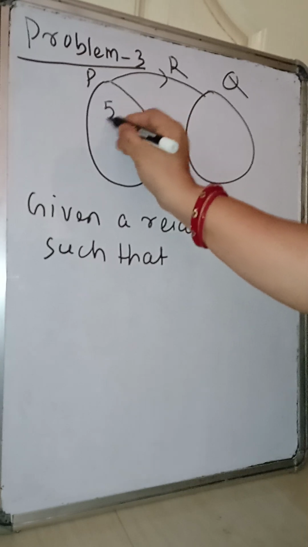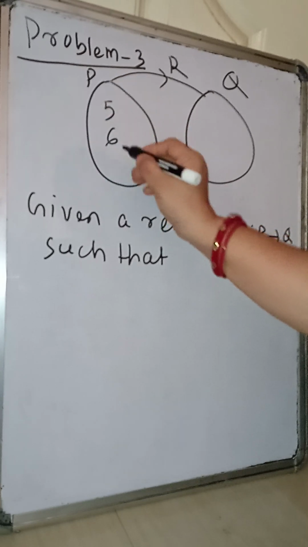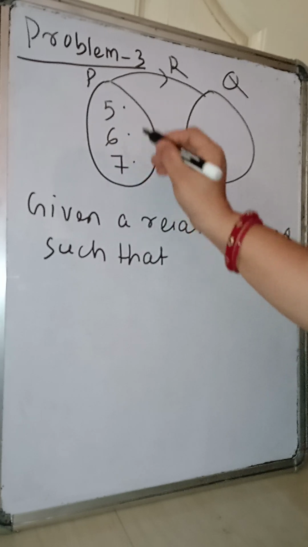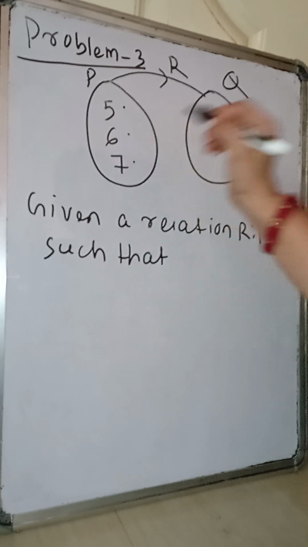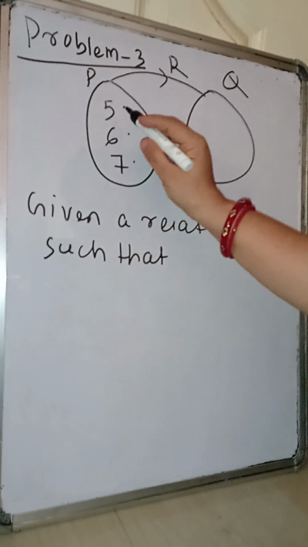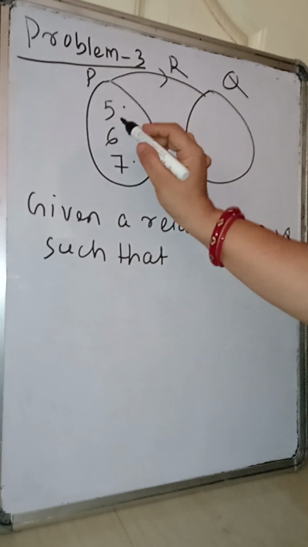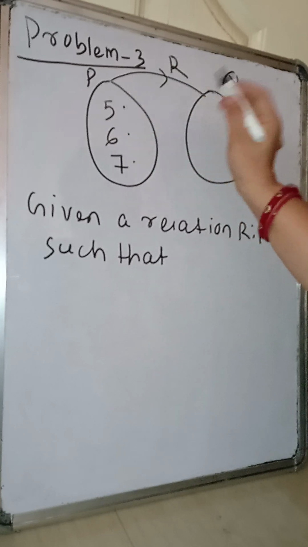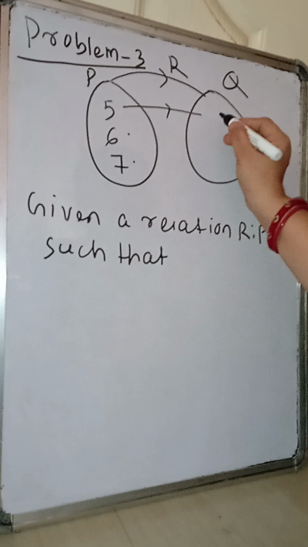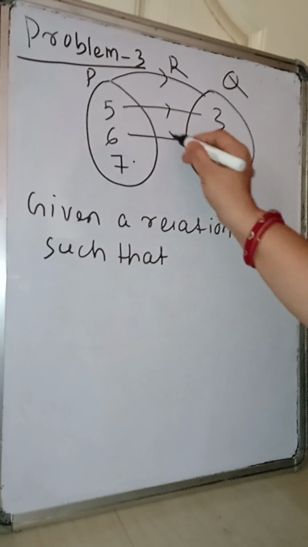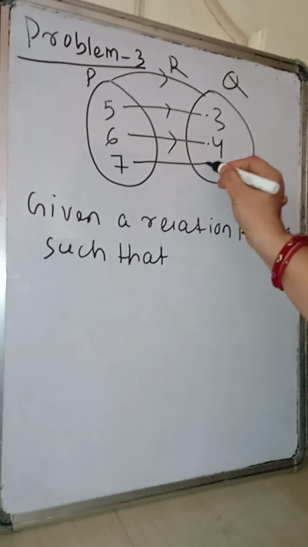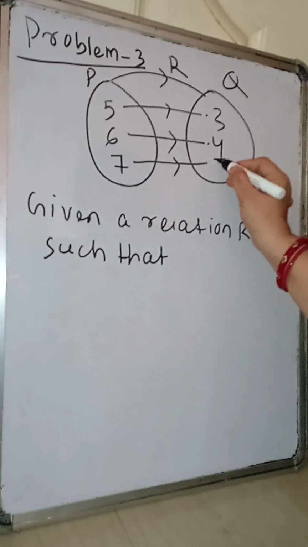The elements in your P set are 5, 6, 7. We can represent the elements graphically as dots, and the elements which go from set P to set Q by using the relation R: 5 goes to 3, 6 goes to 4, 7 goes to 5.